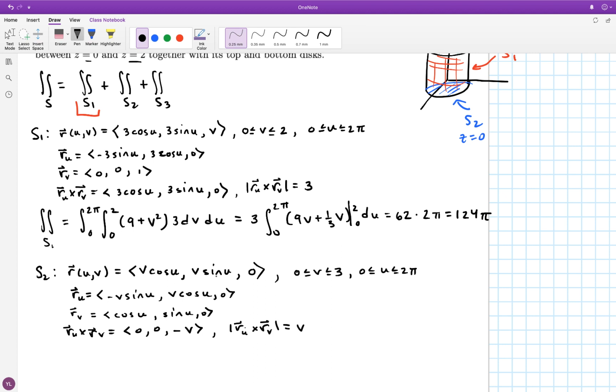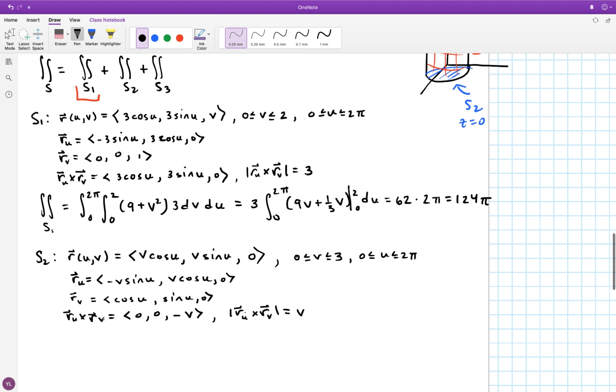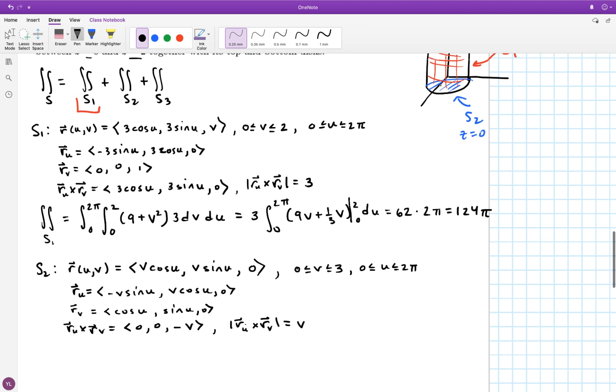It's worth pausing and thinking about the r_u cross r_v vector that I've gotten. Remember that r_u and r_v, the partial derivatives of the parameterization of the surface, are both contained within the surface. r_u runs parallel to a u line, which is a grid line within the surface, and r_v runs parallel to a v line, which is contained within the surface.